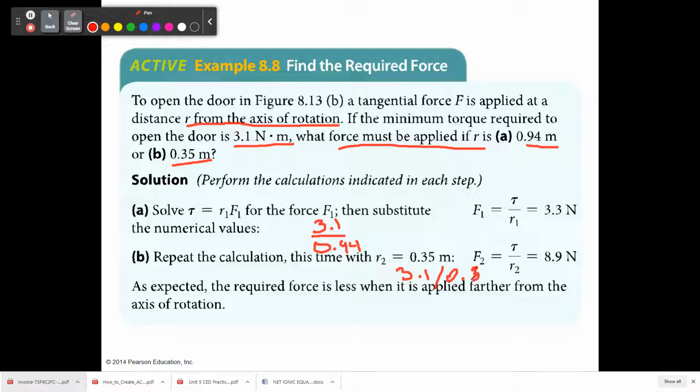Obviously we're dividing by a smaller number, which means our force is going to be a larger number compared to A. So that's pretty simple plug and chug. Please make sure you remember that our equation is torque, that's our Greek letter there, equals the force times the radius.